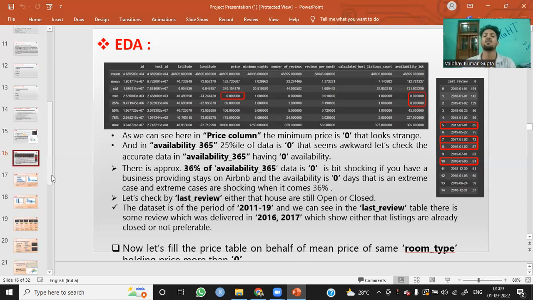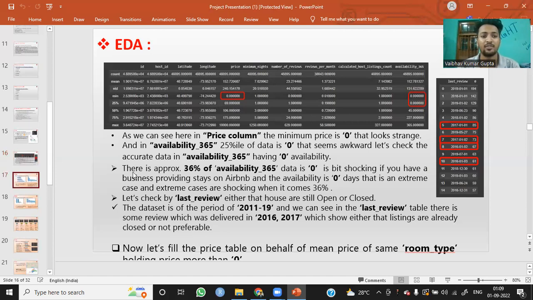This is probably because the hosts are no longer in business with Airbnb. They must have stopped their business with Airbnb, and that is why most probably we have availability 365 as zero.